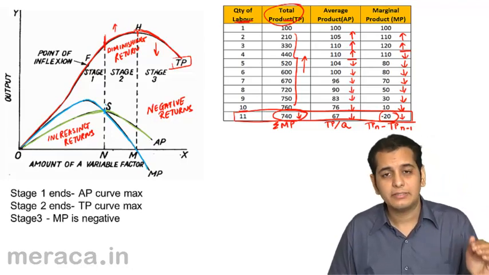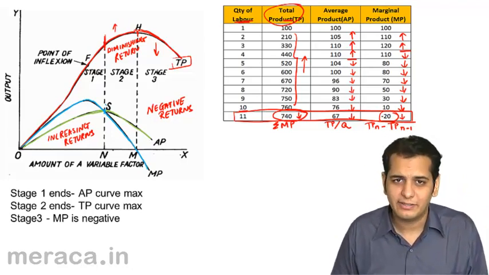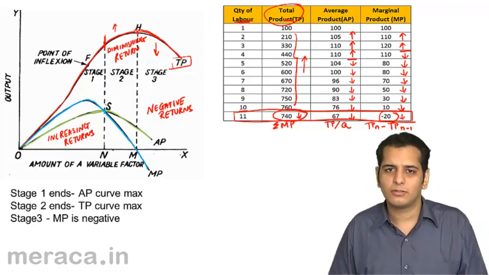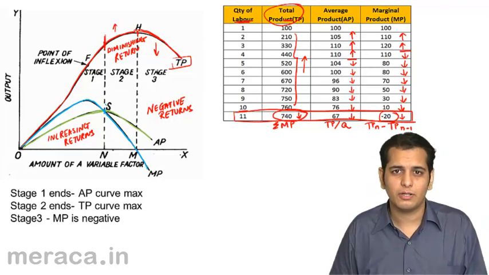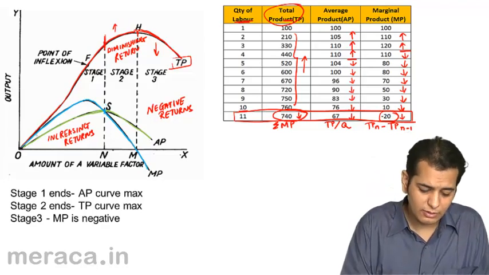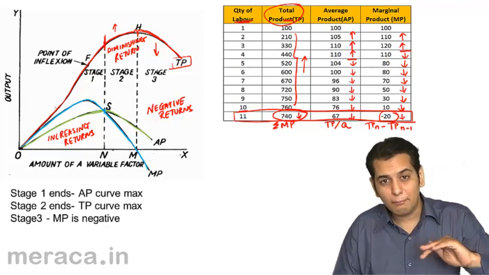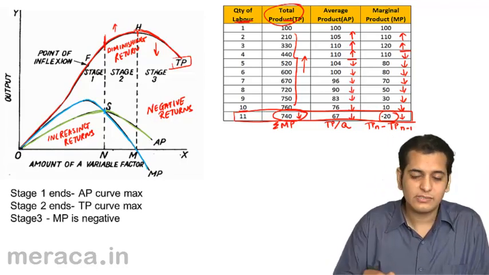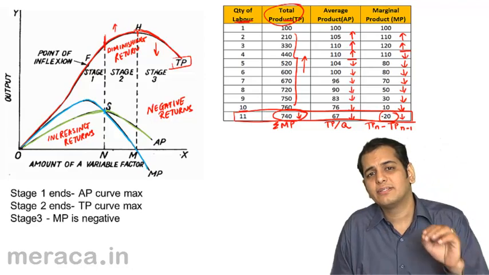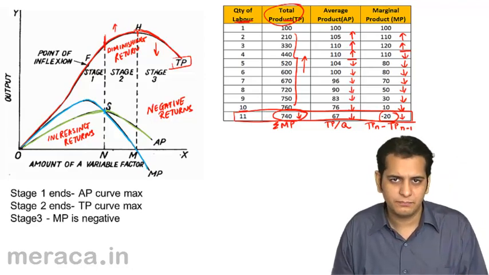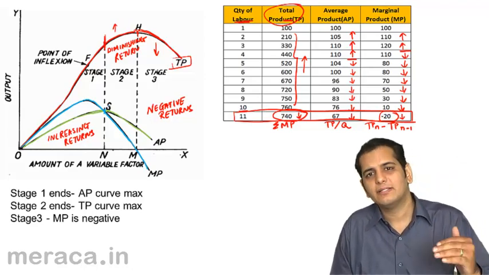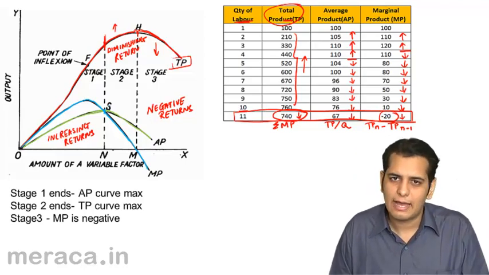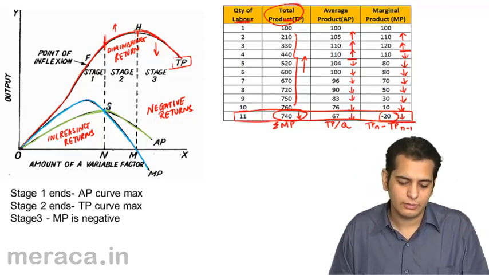This is when the marginal product curve intersects it. And then the marginal product curve goes below the average product curve. Marginal product curve initially starts above the average product curve. It cuts the average product curve where the average product curve is maximum, and finally after that point it goes below the average product curve.